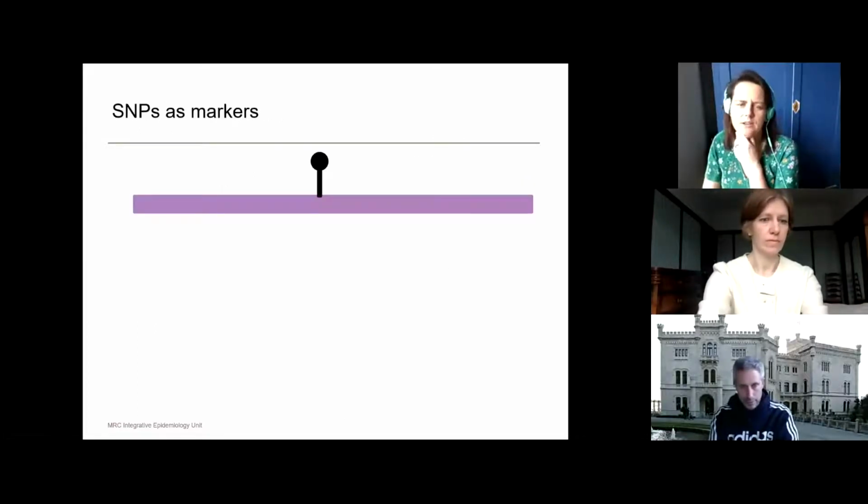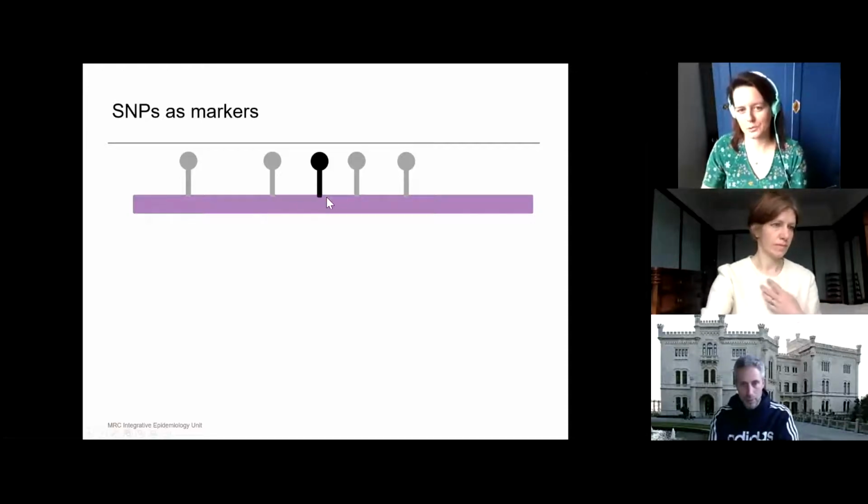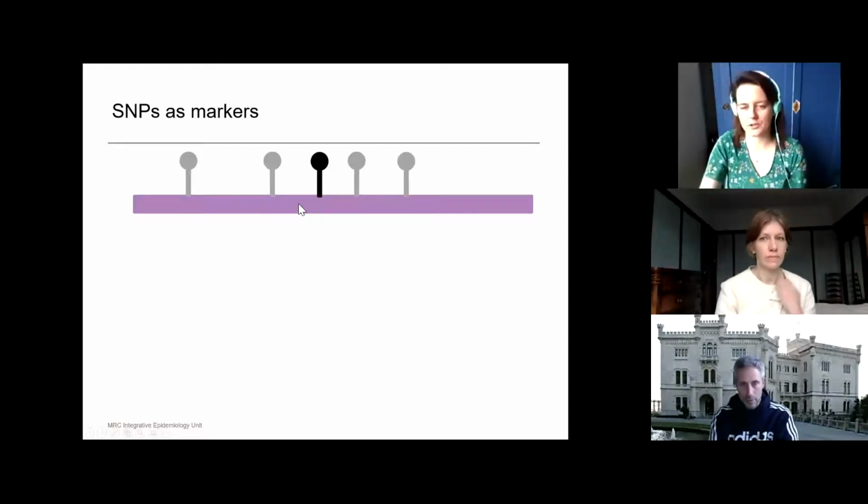Just to go over this idea of SNPs as markers, I've put a schematic here. Imagine that you have a causal variant, so this lollipop here is a variant that we know to be causal for eczema. Because it's correlated with SNPs around it, you see a handful of SNPs that have high correlation with this causal variant that would also be associated.